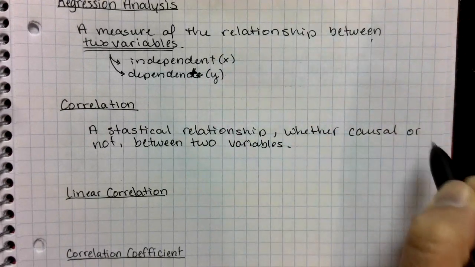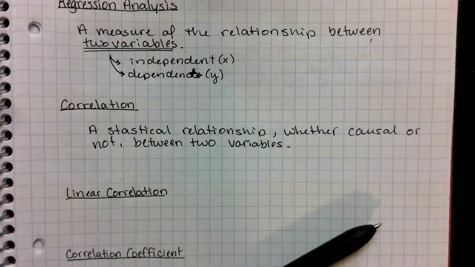It's really important to throw in that statement of whether it is causal or not, because sometimes you will find a correlation between two things, but that does not necessarily mean that one of those things causes the other one.